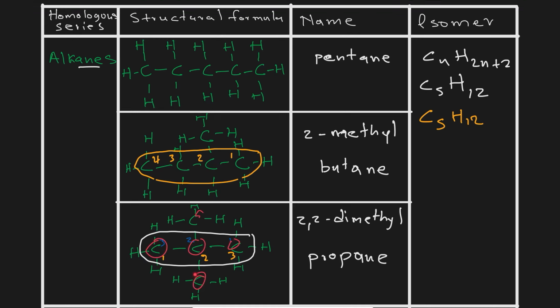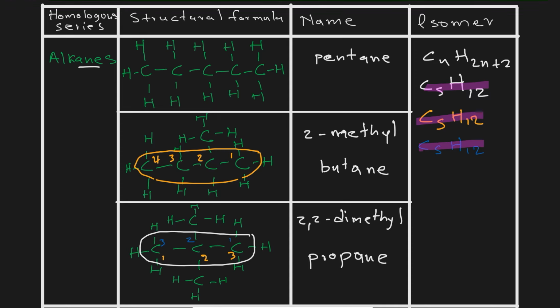Remember, if you put it in the general formula, you substitute the number of carbons as 5, and the number of hydrogens will be 12. So an isomer is organic molecules that have the same molecular formulas but different structural formulas. Do you see that in this case we have different structural formulas, but all these alkanes have the same molecular formulas.